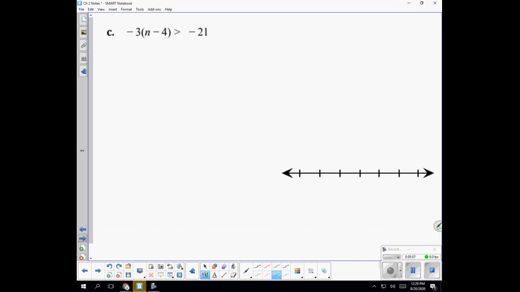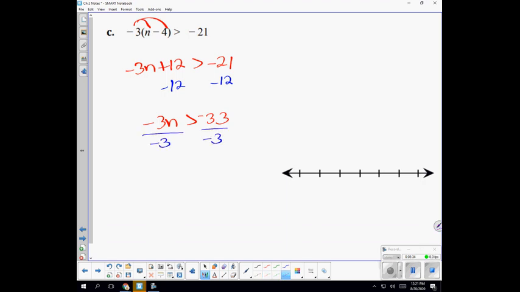The next example, we need to distribute. So we have negative 3n plus 12 is greater than negative 21. Our next step is to subtract 12 from both sides. That gives me negative 3n is greater than negative 33. Then I need to undo this multiplication, so I'm going to divide by negative 3.